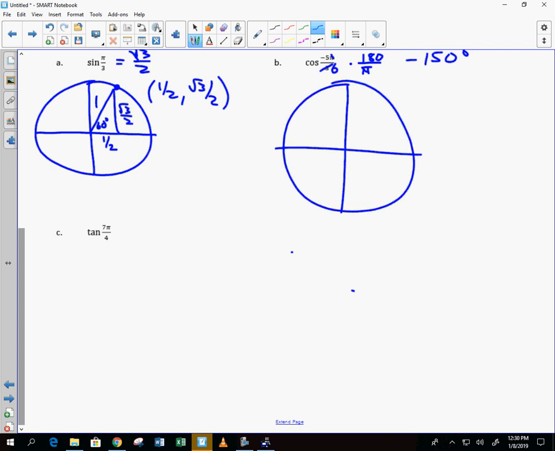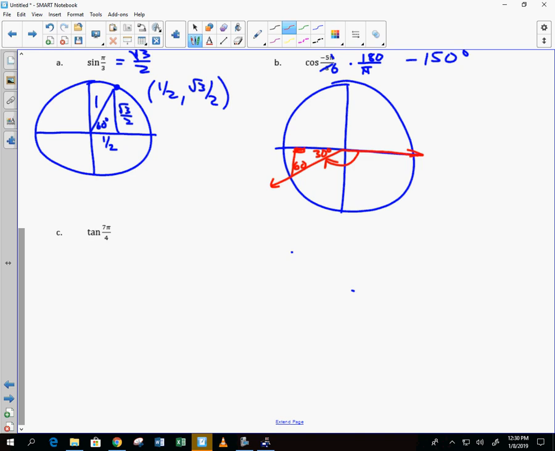So if I go negative 150, that's going to leave me with what angle left over between the x-axis and the terminal side? What's the measure of the angle left over? 30? So I have another special triangle of 30, 60, 90.